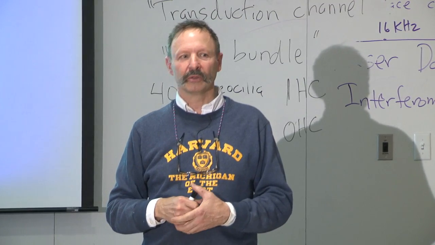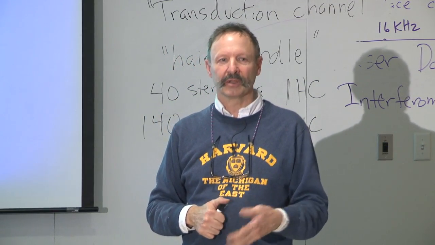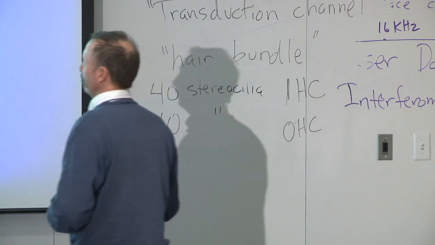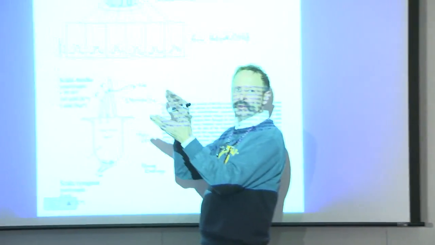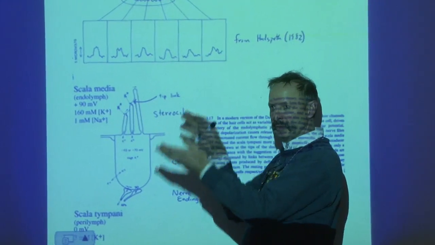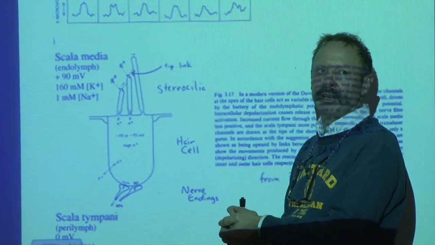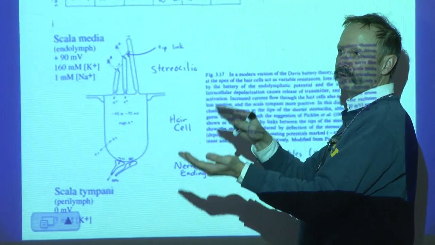Exactly right. So you can have an accelerometer, which converts acceleration to an electrical signal. In this case, the physical energy of sound is mechanical energy. It's movement. Movement of the tympanic membrane, movement of the ossicles, movement of the basilar membrane up and down. These cells are sitting on the basilar membrane, and the hair bundle is moving back and forth.